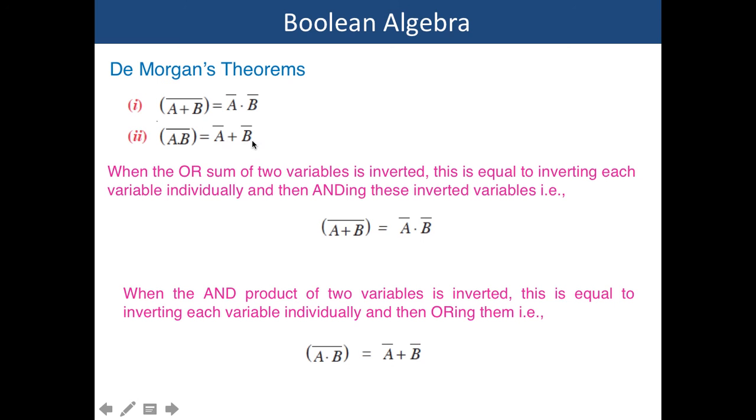So we can say that when the OR, the sum of two variables, is inverted, this is equal to inverting each variable individually.